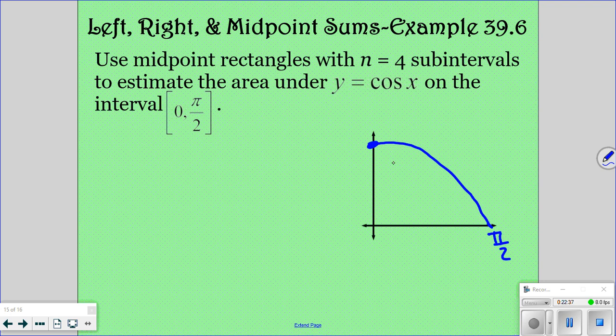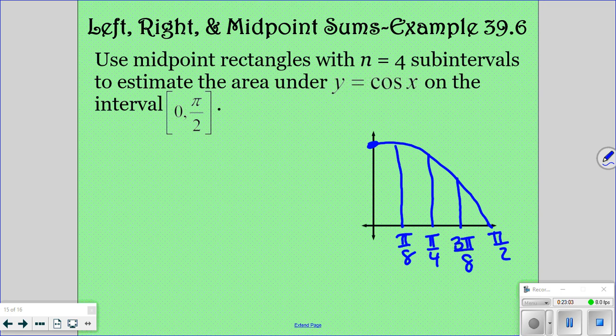And we want to split it into 4 rectangles. So those are the 4 rectangles. So this would be pi/4, and then halfway between 0 and pi/4 would be pi/8, and then halfway between pi/4 and pi/2 would be 3pi/8.